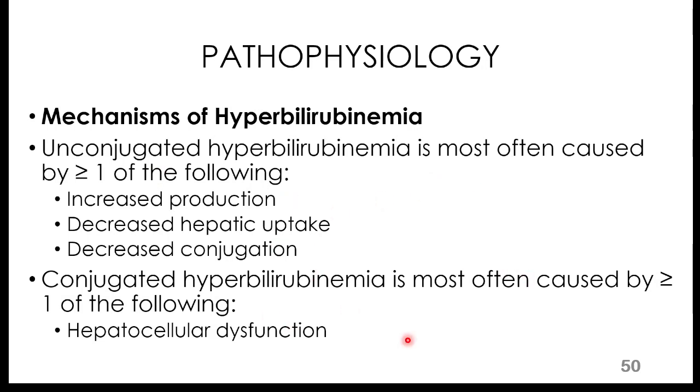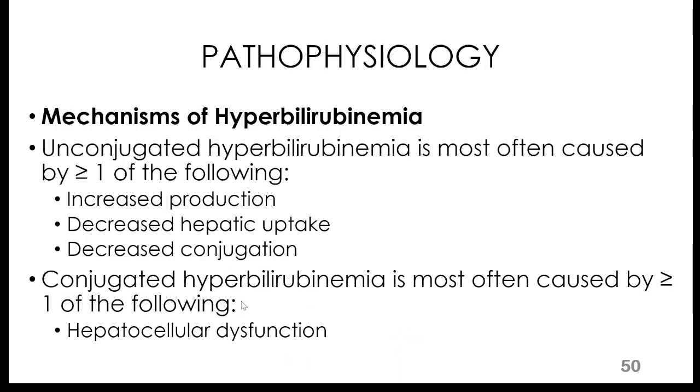Now, for conjugated hyperbilirubinemia, what it means is that the bilirubin has already passed through the hepatocytes and has been properly conjugated.